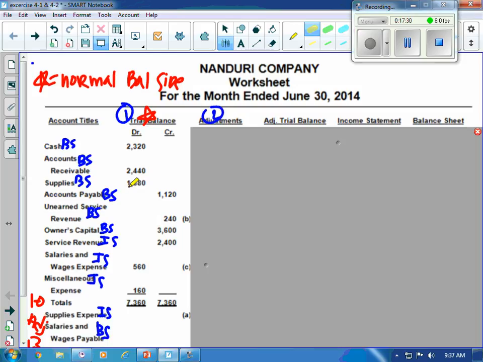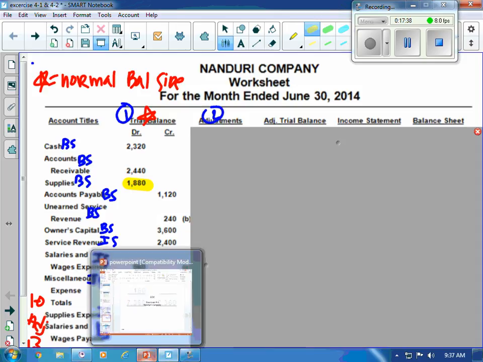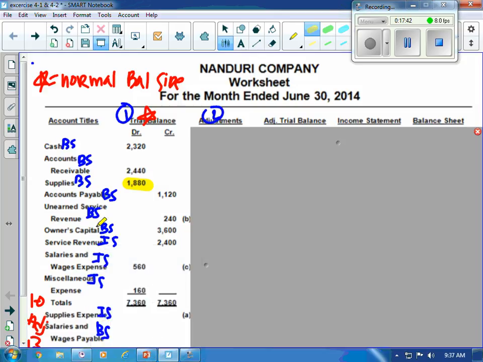I would highlight supplies. What's the second one? Unearned revenue? Yep. So then I'd highlight your unearned revenue. Is that 240? Okay. And then I don't like when mine are on 2 lines. It's really hard for you guys to follow that. And then the third one was salaries and wages, right?